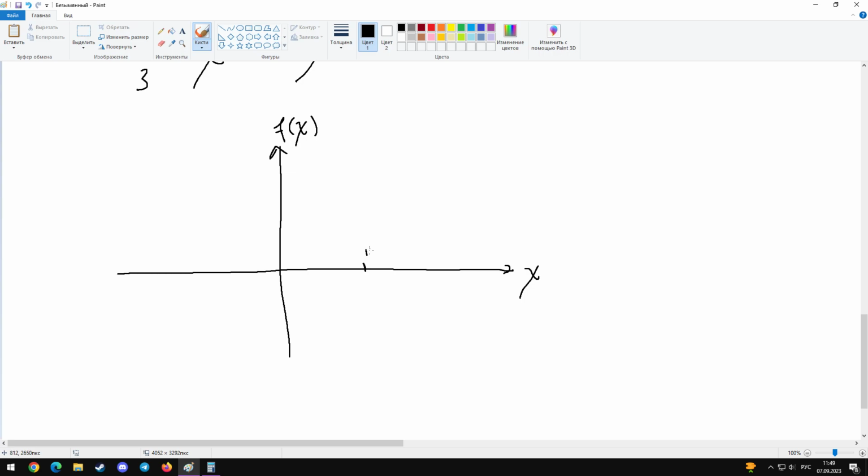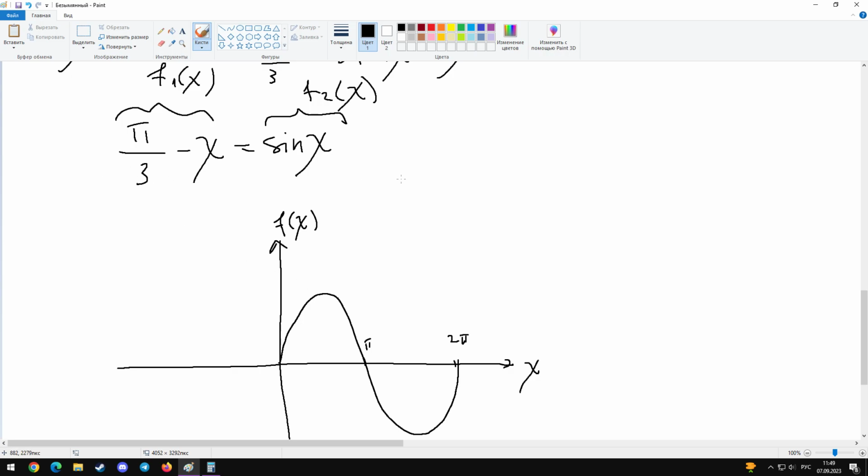So it's pi somewhere here. It's 2 pi somewhere here. Sine goes like this. And this function, f1 of psi, equals minus psi plus pi over 3.